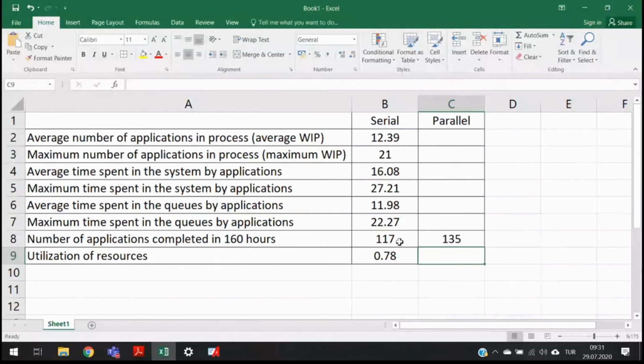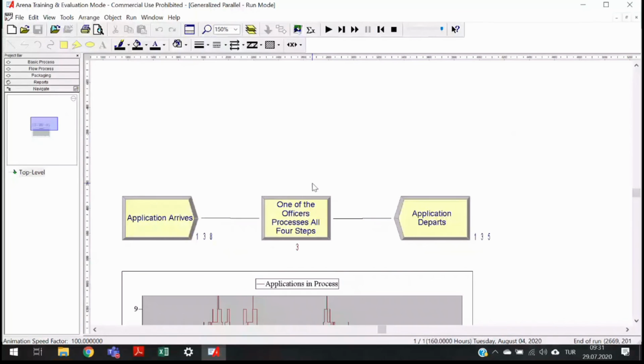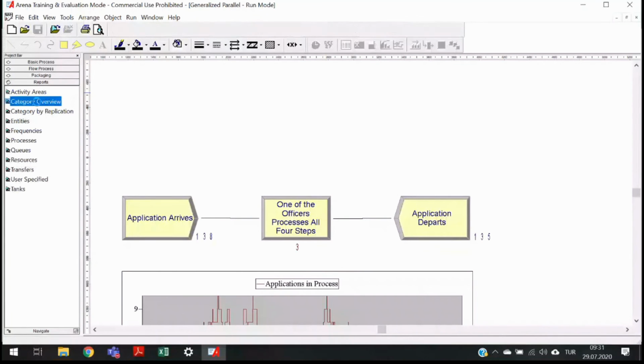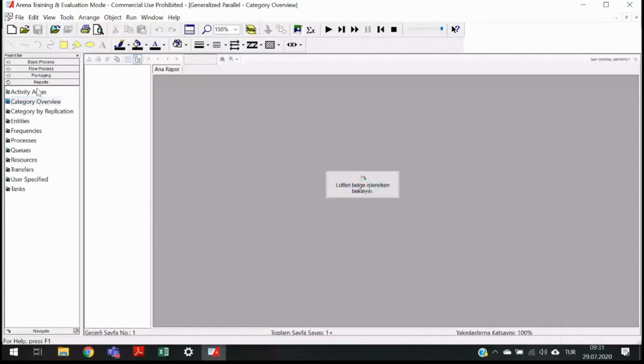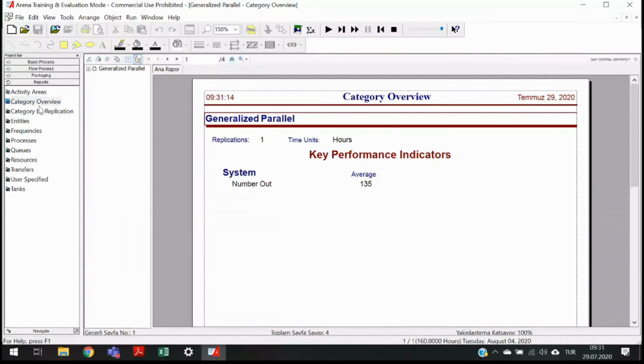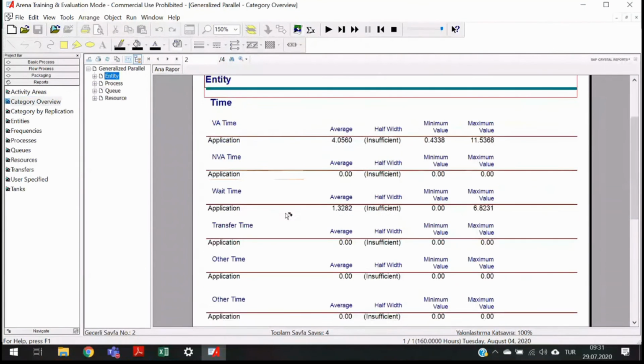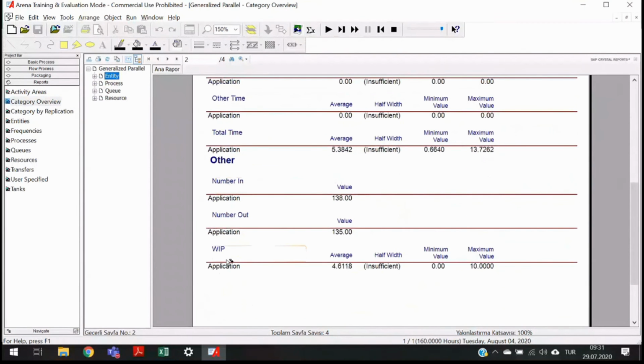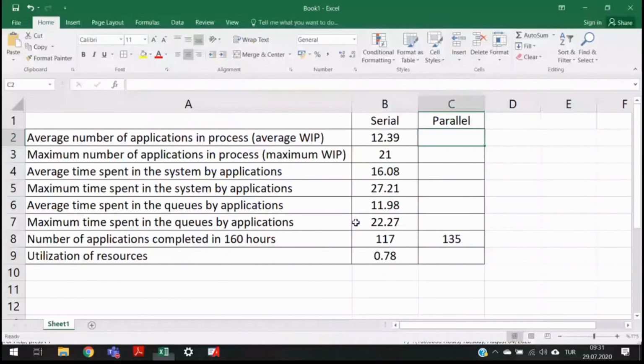Okay? And the average number of applications. Let's see the statistics here. From reports, category overview. Here we need to check entity. Let's start with the average number of applications in the process. It is 4.61, my friends. On the average, we observe 4.61 clients in the system, which is a lot better than the previous system.